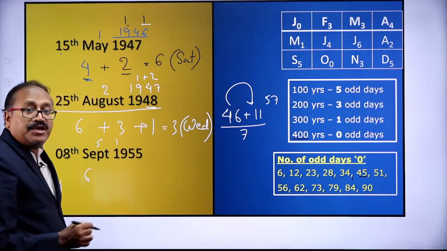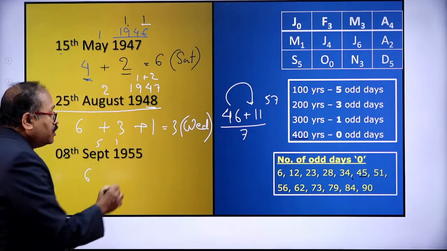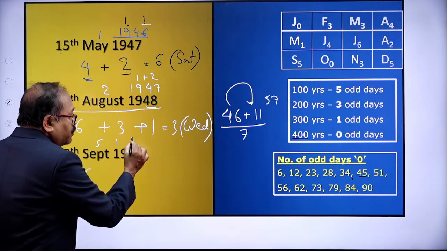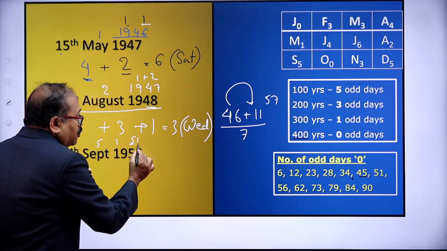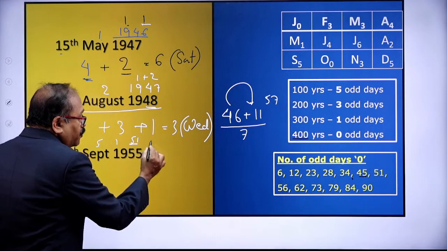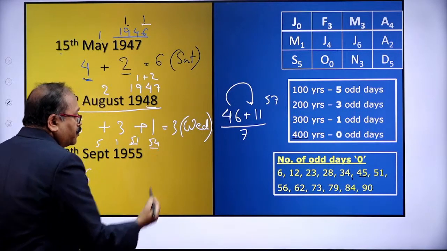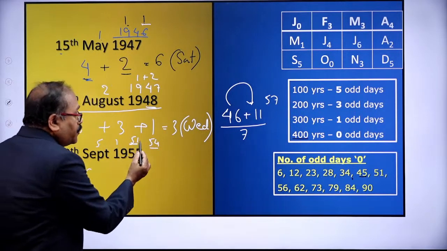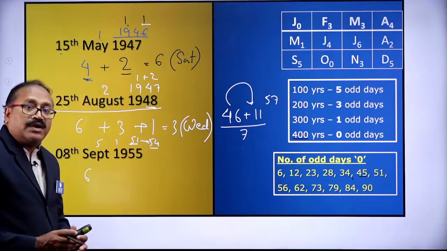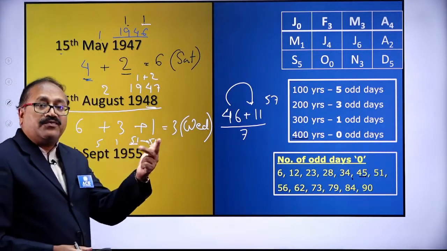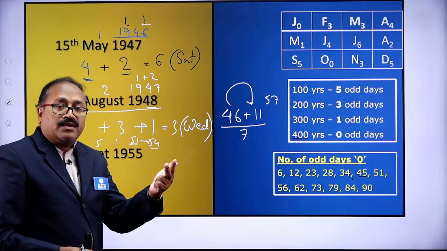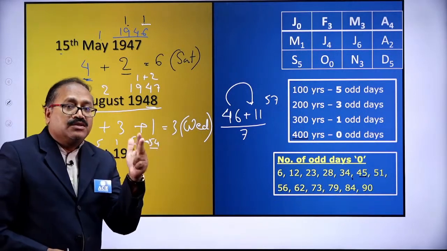1900 has 1 odd day. And 51 years have 0 odd day. I need 54. So from 51 to 54, we have 52, 53, 54. So there are 3 years, 3 odd days.